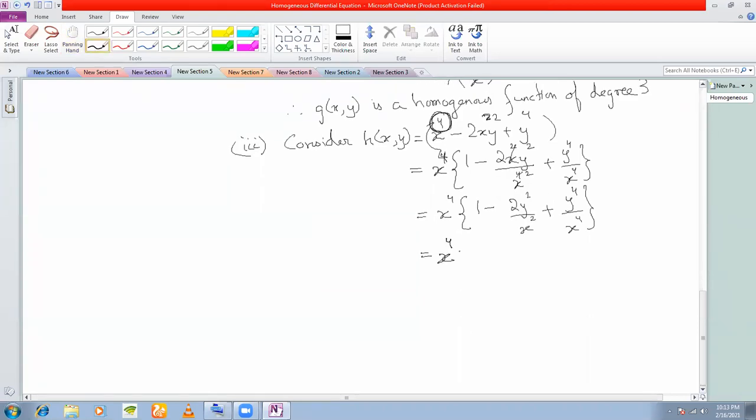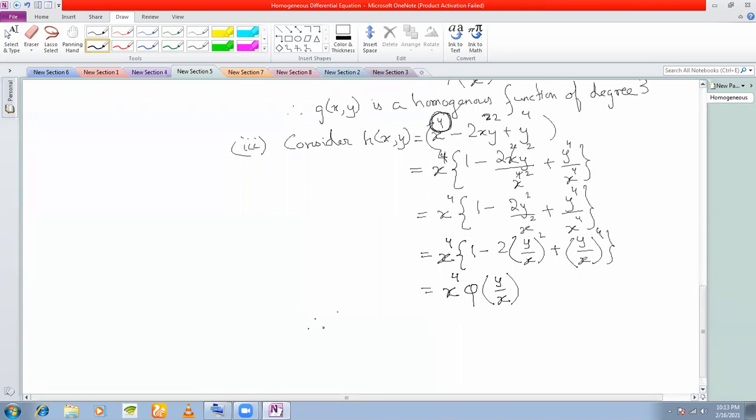How? X to the power of 4 into 1 minus twice y by x whole square plus y by x whole to the power of 4. So what you see here is that we have written the given function hxy as x to the power of 4 into some function of y by x, isn't it?